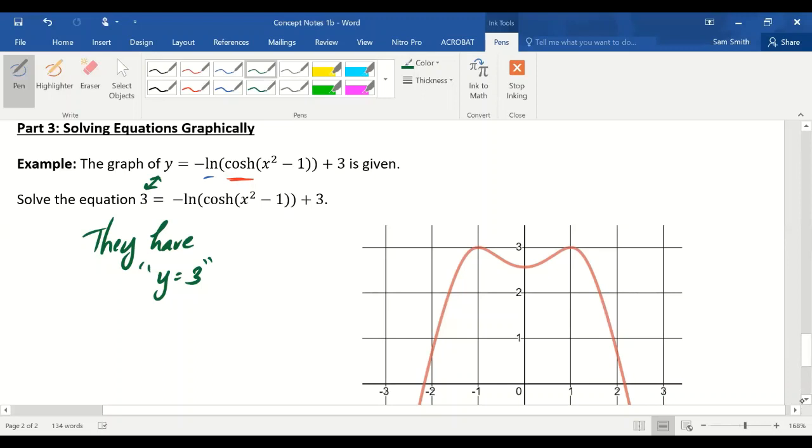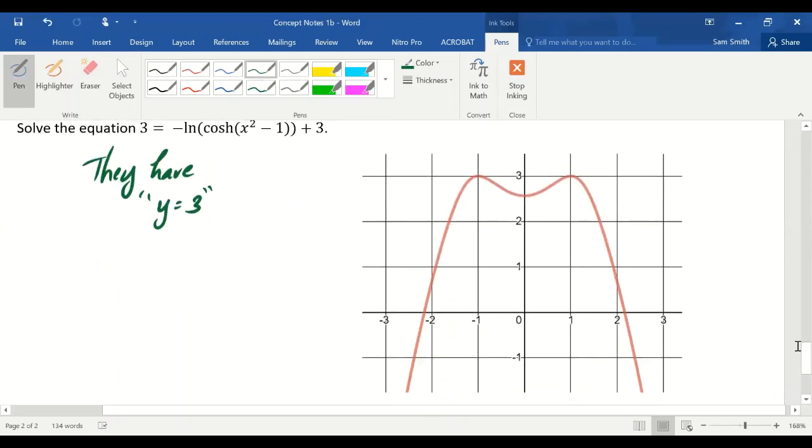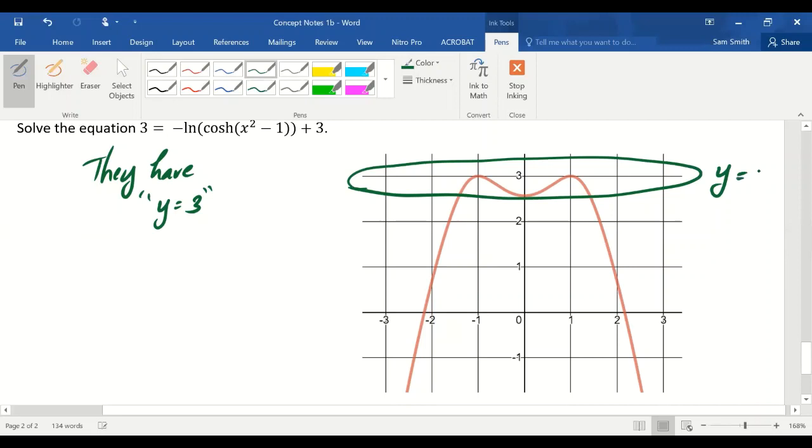And so I'm going to go into this graph here, this graph given on the right-hand side. And I'm going to look at the region of this picture where y equals 3, as they've specified, this height right here. Now, when it comes to graphs, the only way a point is qualified to be on the graph is if that pair of x's and y's represents a solution to the equation.